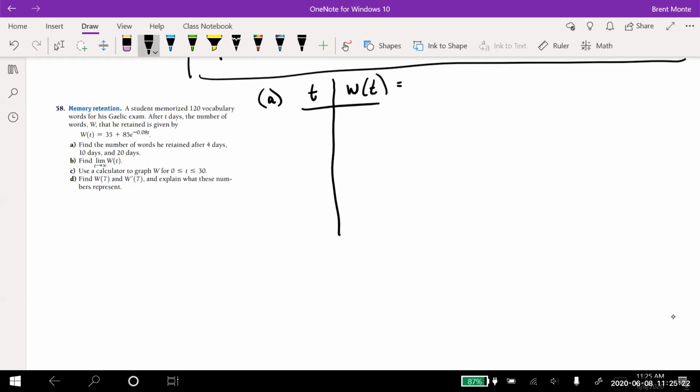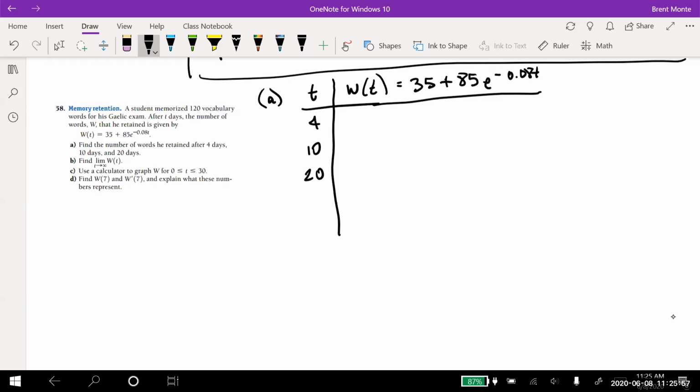Let's see, this W of t, we'll write out what the formula is. 35 plus 85e to the negative 0.08 t. Go ahead and extend that all the way over. So the t's, he says, after 4 days, after 10 days, and after 20 days. So I'm just using my calculator. I'm putting those values of t in where it goes. So I've got 35 plus 85e raised to the negative 0.08 times 4 for the first one.